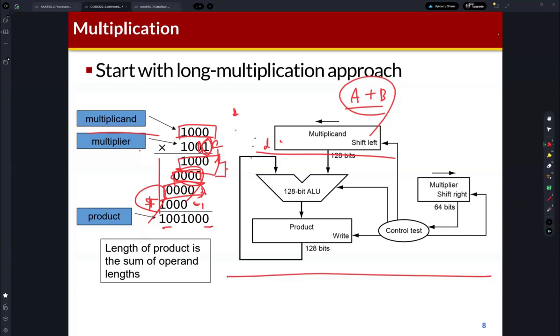Also, in order to control this operation, we need to use synchronized logic, which means it's synchronized by clock signals. We need to use sequential logic, so clock cycles are taken. That's the problem.